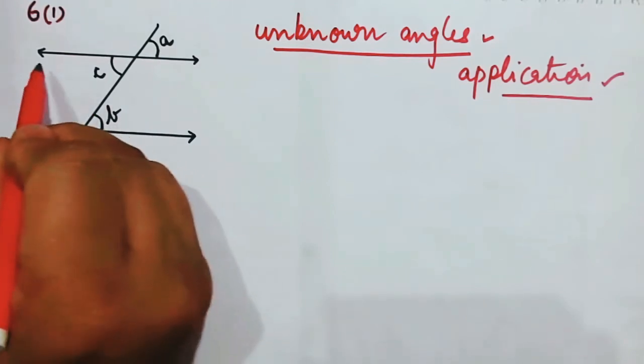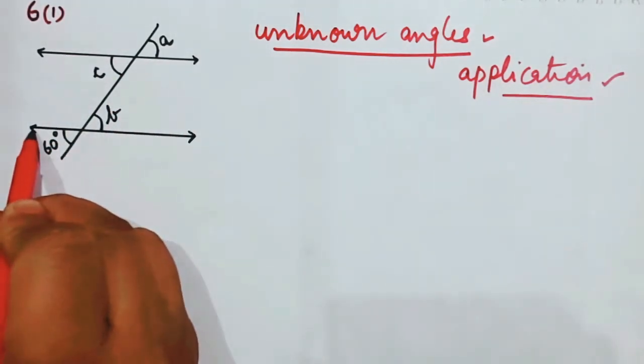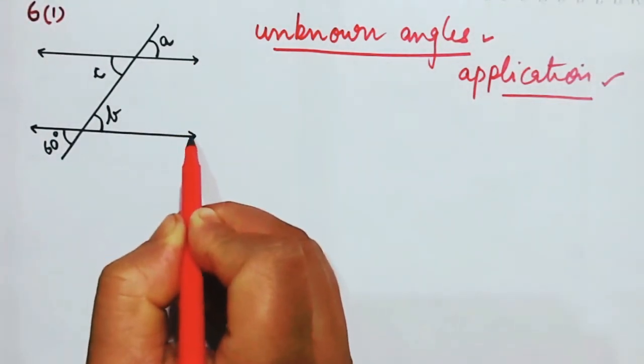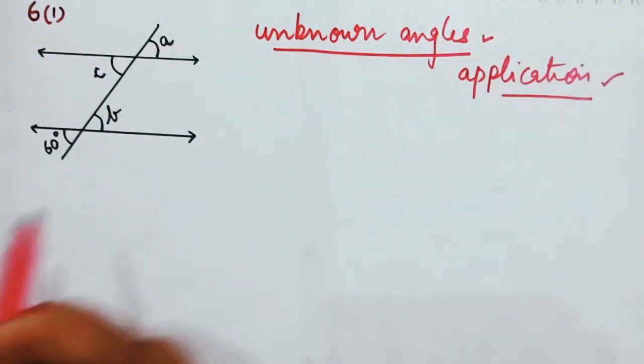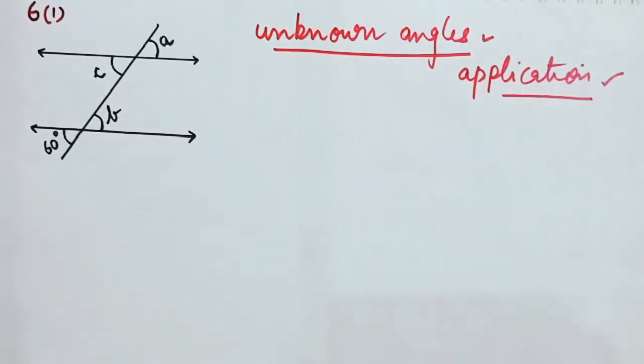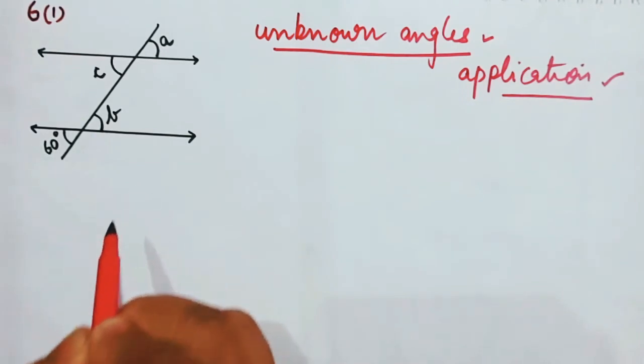Here you can see that the lines that have been given, what do you think? What are they? They are parallel.